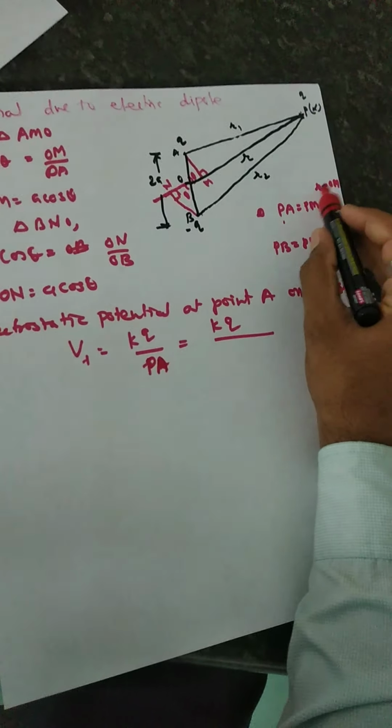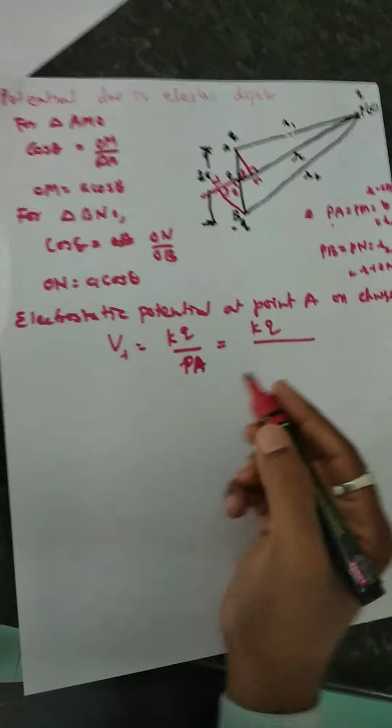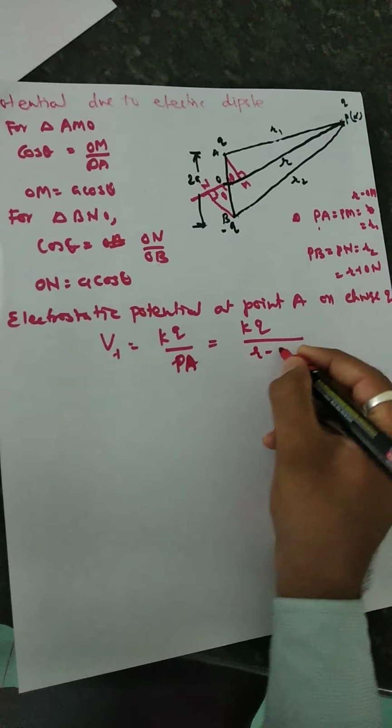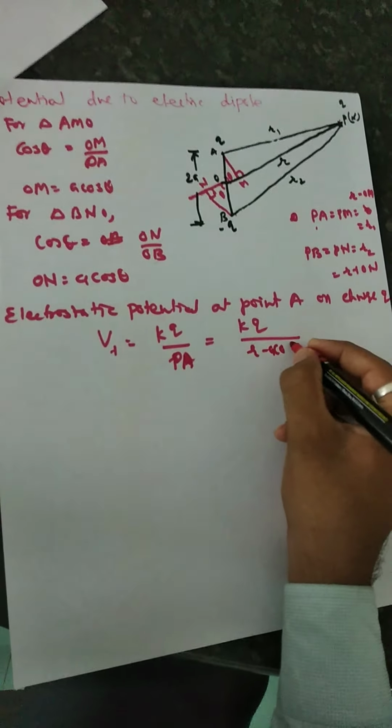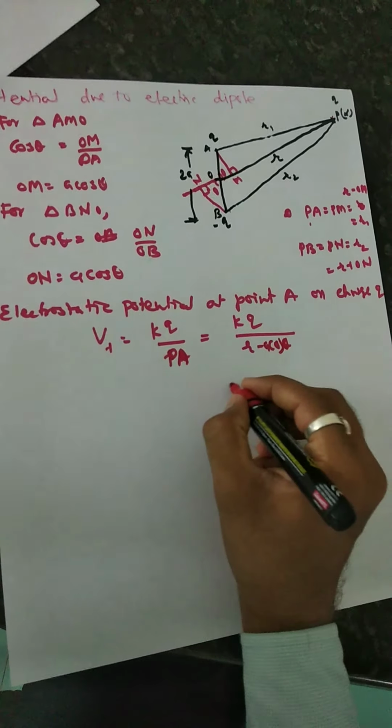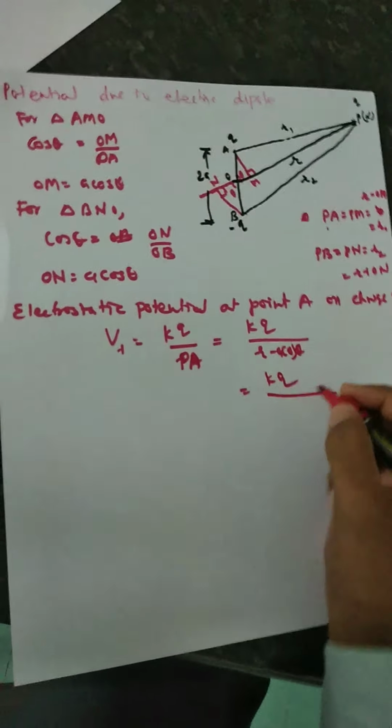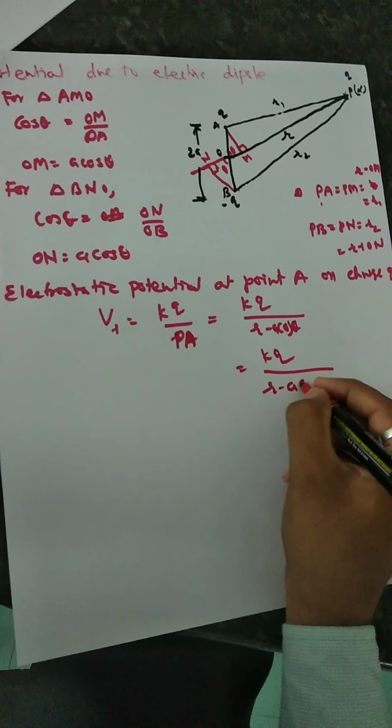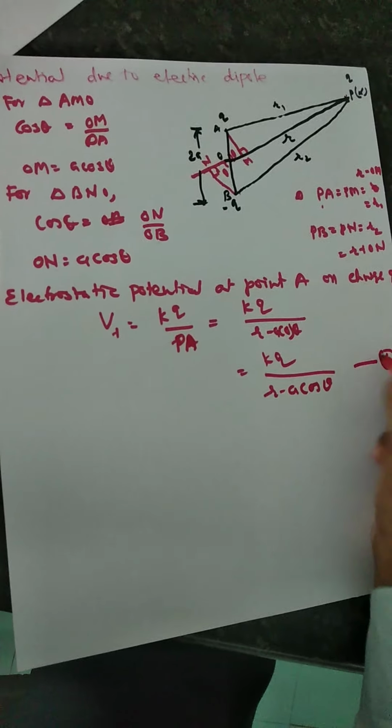PA is equal to r minus OM, and OM is equal to a cos theta, so the equation will be kq upon r minus a cos theta. This is your equation 1.